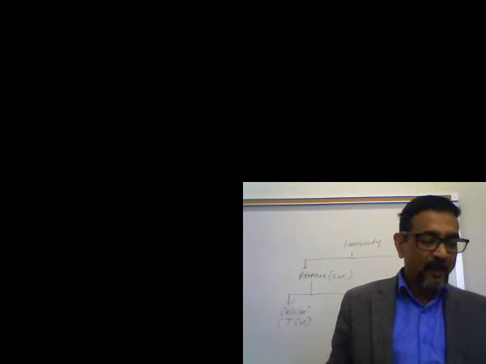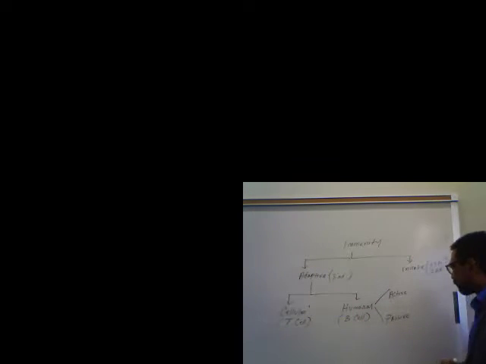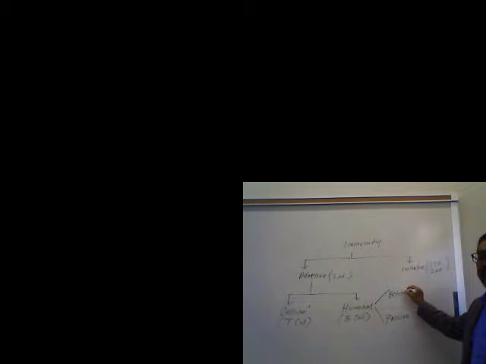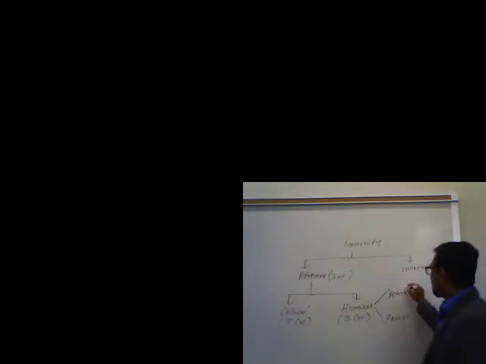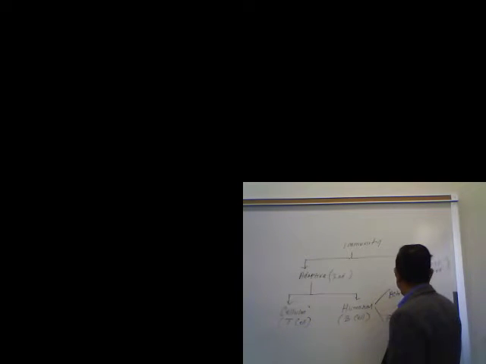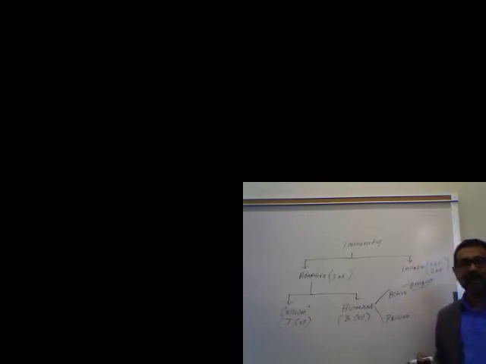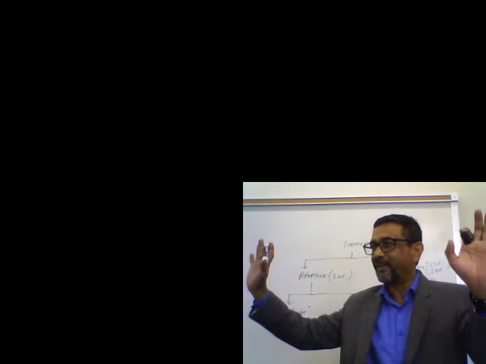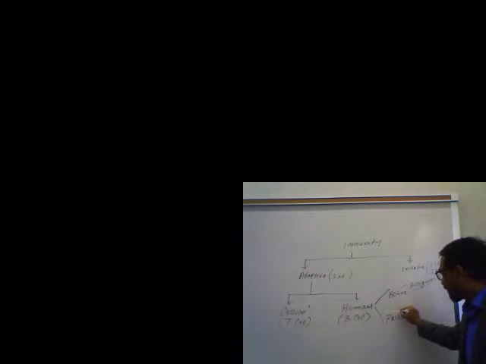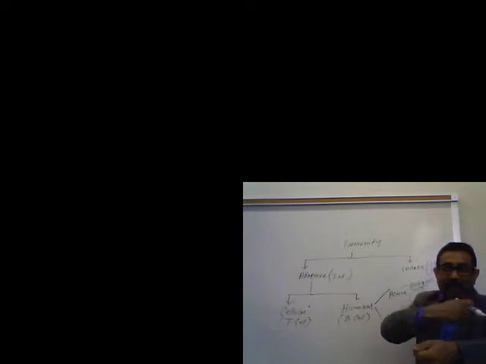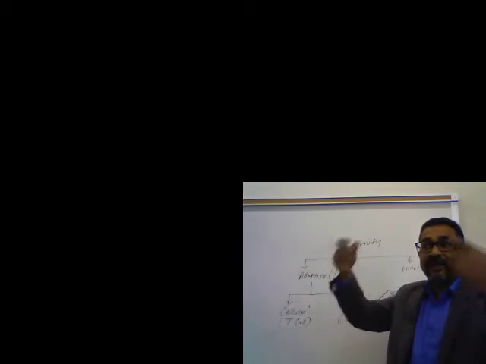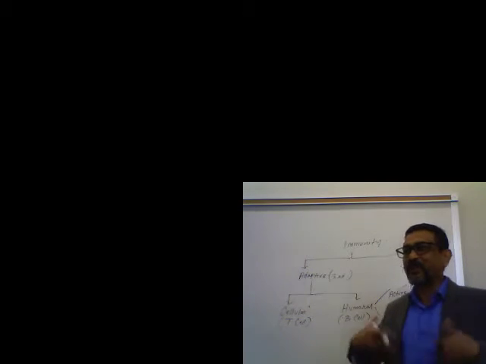So now let me make it more simple. Just know that in case of active, who enters? Antigens only enter, and your body produces antibody against it. Make sense? In case of passive, you are getting what from outside to fight against the antigen that has already entered? Processed antibodies. Is it clear? Because your body is not producing enough antibody.